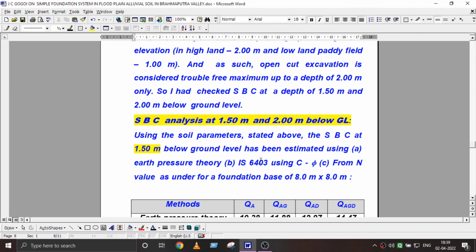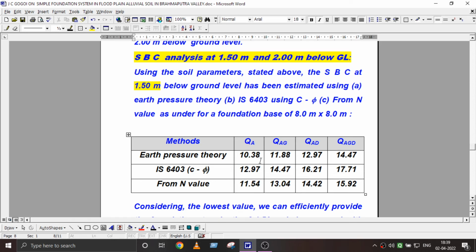As under, for a foundation base of 8 meter by 8 meter at a depth of foundation of 1.5 meter, what I find is that I am not considering the highest value, I am considering the lowest value. The lowest value is coming 10.38.